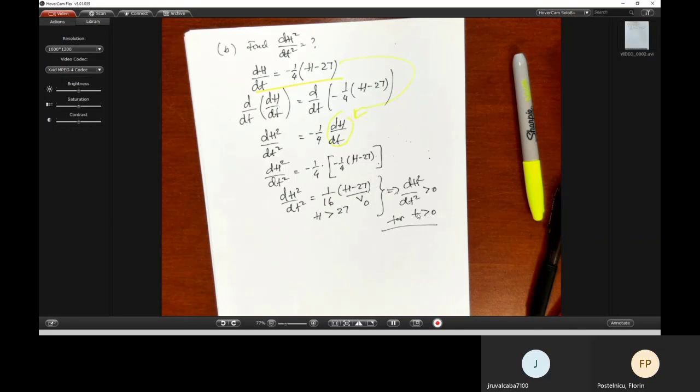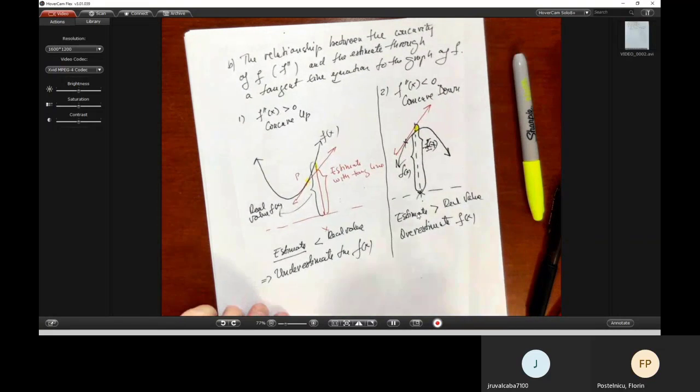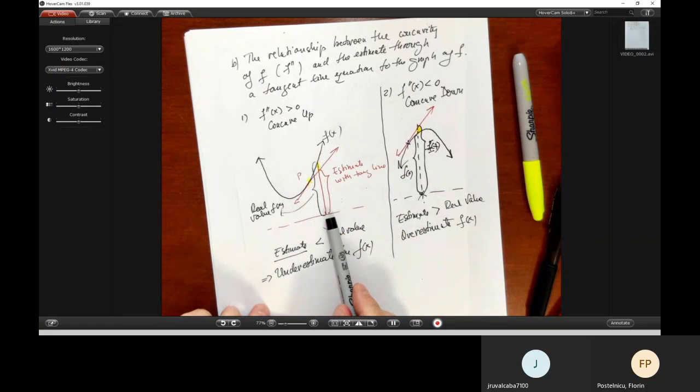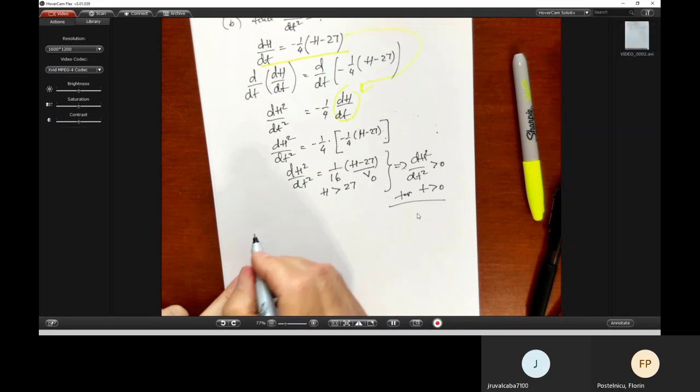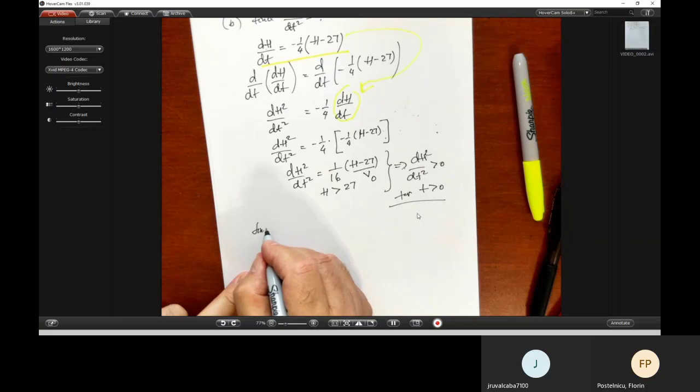As long as the function is concave up, any tangent at any point in the interval where the function is concave up will be below the graph. So the estimate is an underestimate. It's lower than the real value.